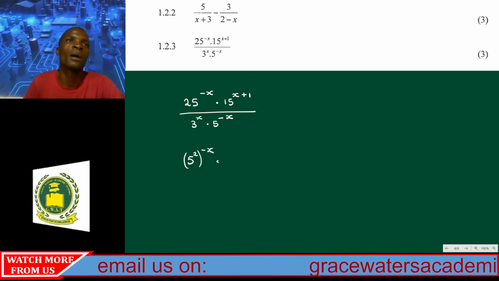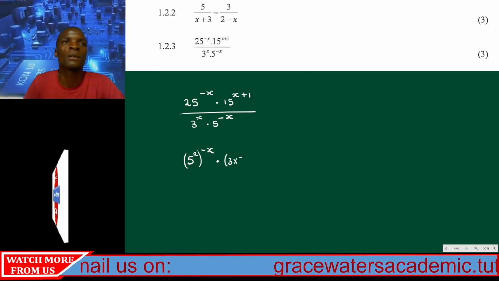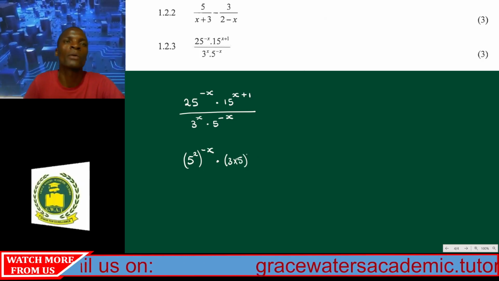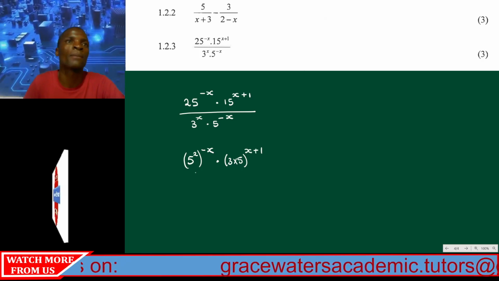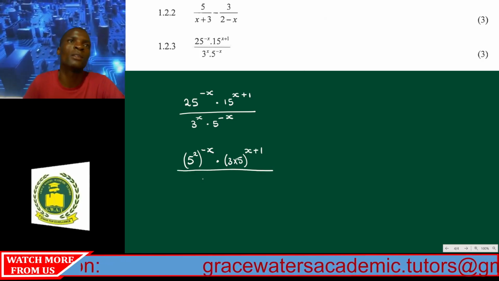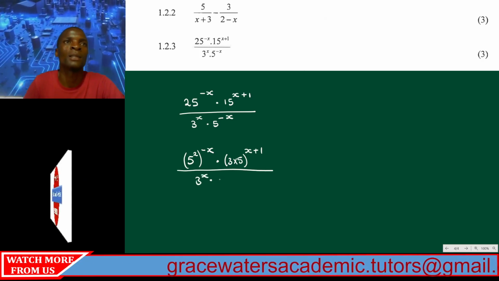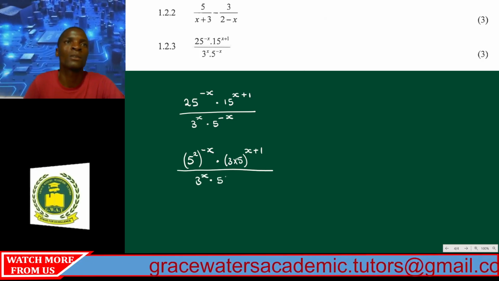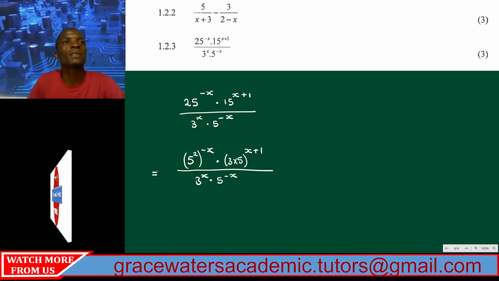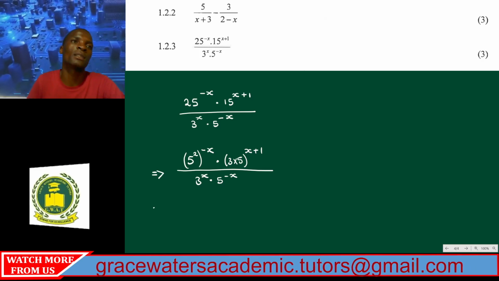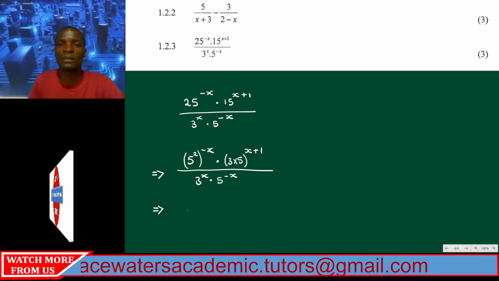And then 15 can be written as 3 times 5, both raised to the power of x plus 1. And then the denominator remains 3 to the power x and 5 to the power negative x. Okay, so this is the first stage whereby we are expressing everything in terms of a similar base of powers.